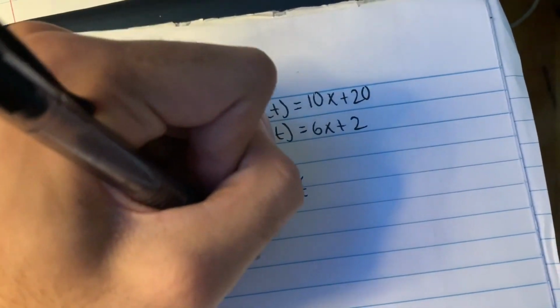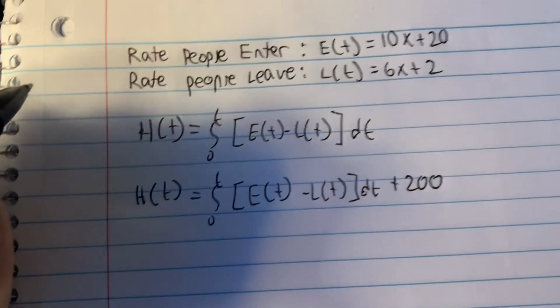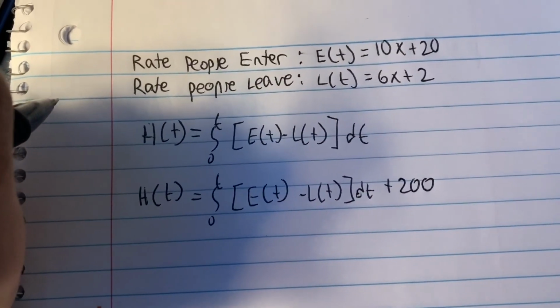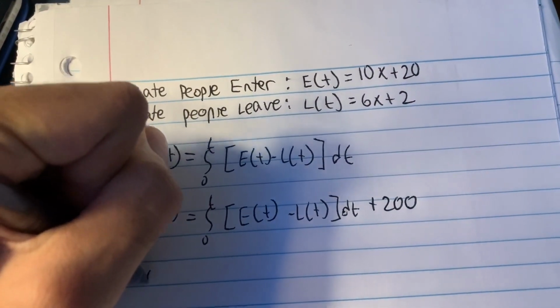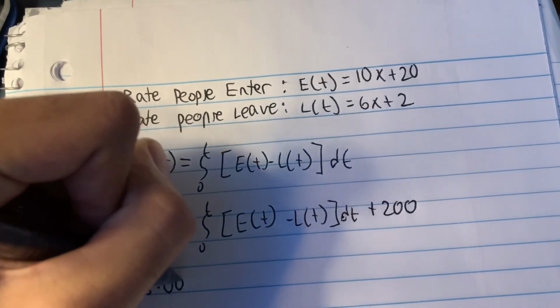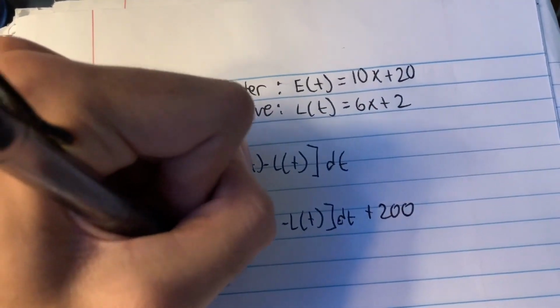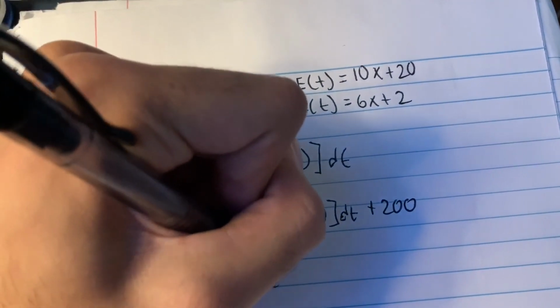So h of t equals the integration from 0 to t of e of t minus L of t dt plus 200. This is because we know that at the time 6 o'clock, t equals 0, and there are 200 people who are the staff currently in the arena.